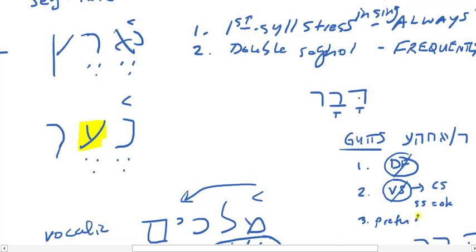What kind? A class. They prefer A class vowels. And then Aleph has a preference for Sehgal. When it can get a Sehgal, it does like that, okay? So those are our characteristics of guttural consonants.